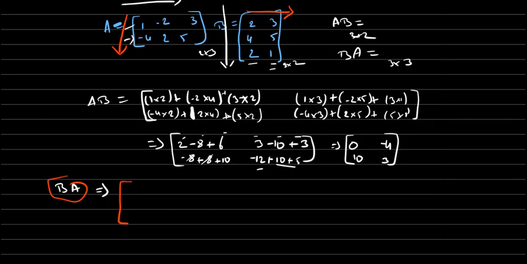This one is again B. What is B? 2, 4, 2, 3, 5, 1. And A is 1, minus 2, 3, 4, 2, 5. It could be easy for me, so people can easily understand.